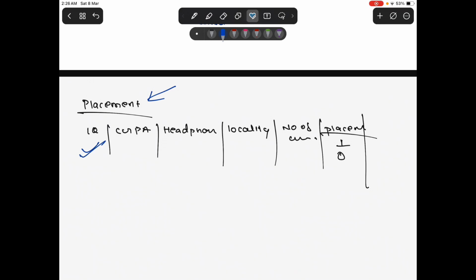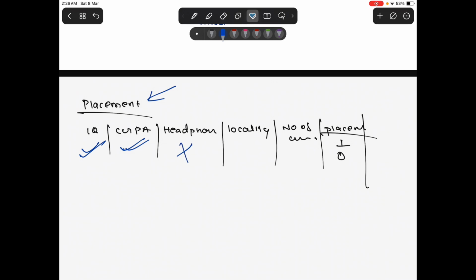If IQ is high, then there is more chance of that student being selected. CGPA is also the most important attribute nowadays. Headphone is not directly contributing to the student being selected or not selected.